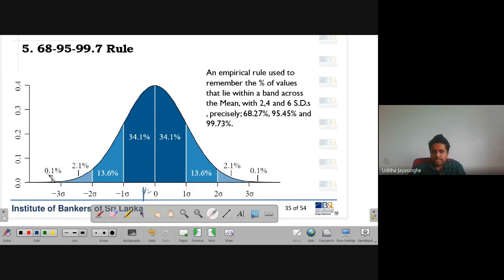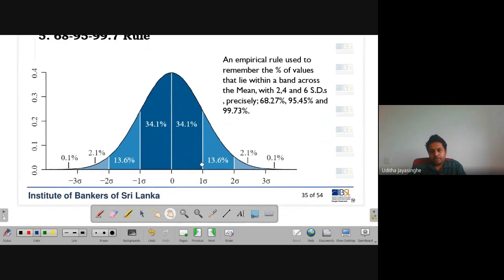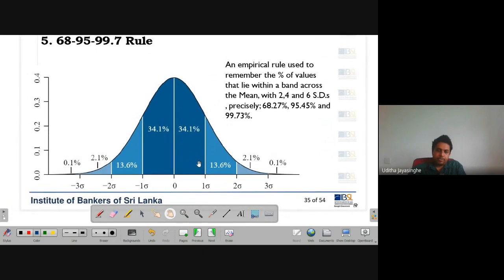So these areas are symmetrical. Okay, so the percentages that you can see here are going to tell you the probabilities of your individual items lying in between these areas.